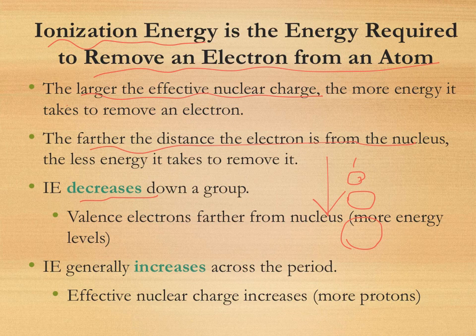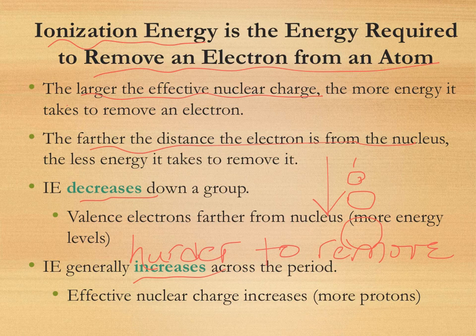All right, ionization energy increases moving left to right across a period. What does that mean? If ionization energy increases, that means it's harder to remove an electron. It's more difficult as you move left to right across a period. Why would that be?